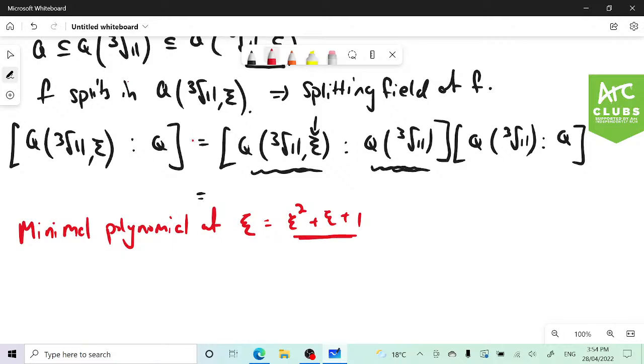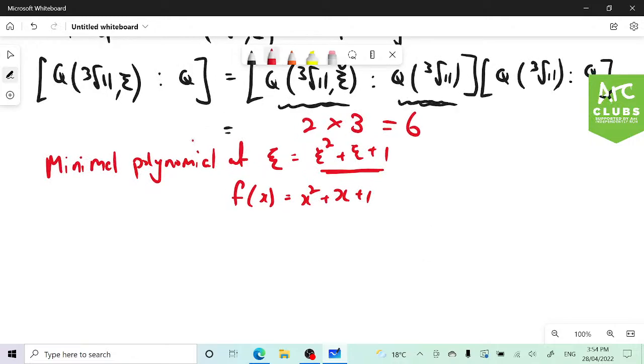So it has to be this polynomial here. In other words, it's going to be f of x equal to x squared plus x plus 1. So this has degree extension 2. And this has degree 3. And so the entire thing here is 6.